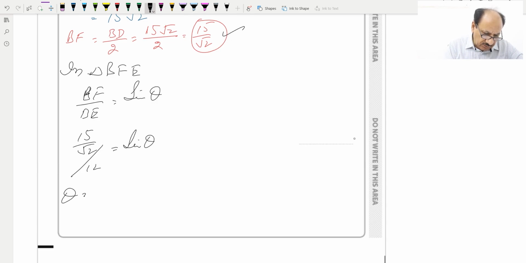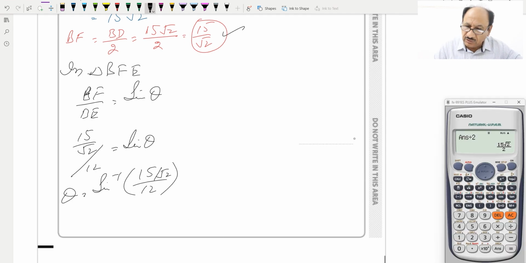So theta will be equal to sine inverse of 15 over under root 2 over 12, and this one we can calculate.